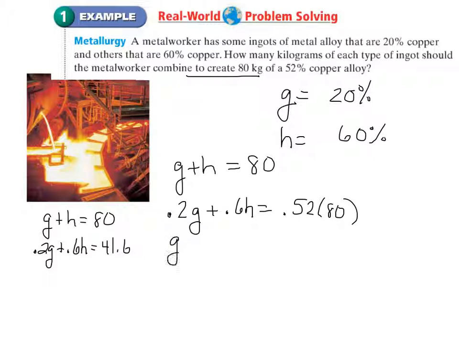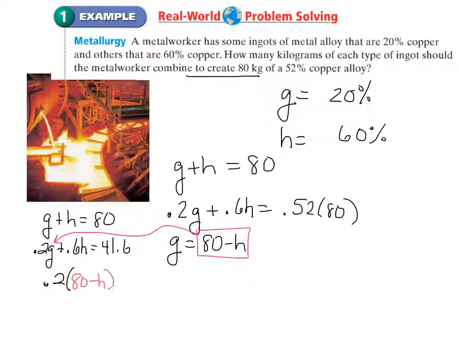So G equals 80 minus H. I'm going to take what G is equal to and plug it in right here. That gives me 0.2 times 80 minus H plus 0.6 H equals 41.6.